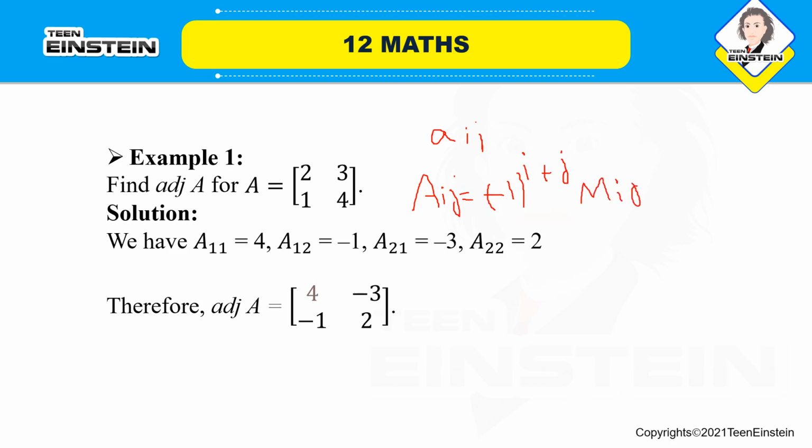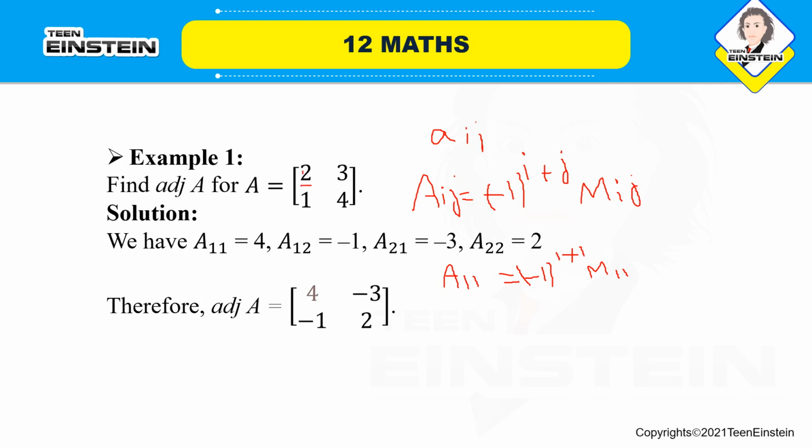Using this definition we find A11. Capital A11 is minus 1 to the power 1 plus 1, since i is 1 and j is 1, into the corresponding minor M11. We are finding the cofactor of the element 2.